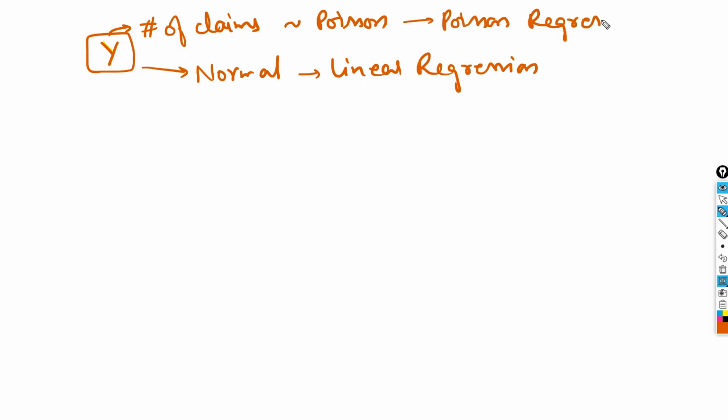And then you can apply maybe linear regression. Here, if it's Poisson, maybe you'll run Poisson regression. And here, maybe you'll run linear regression.